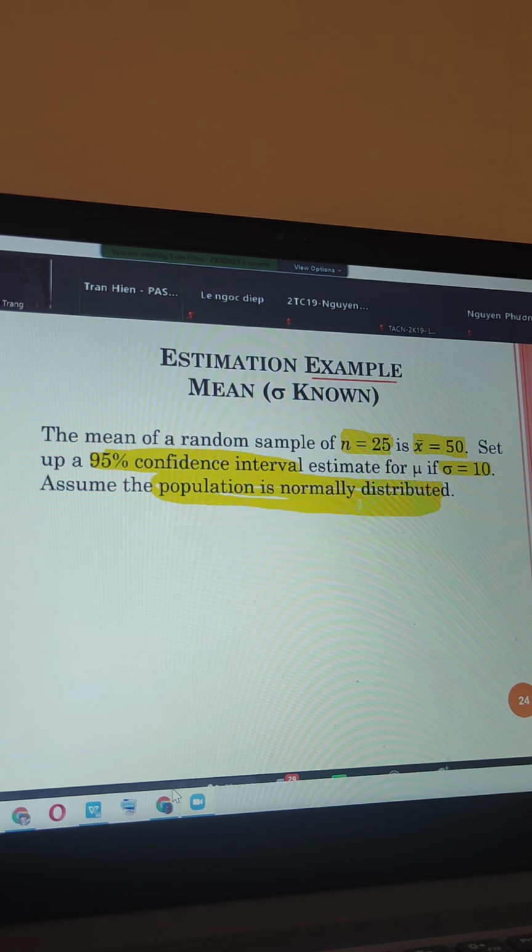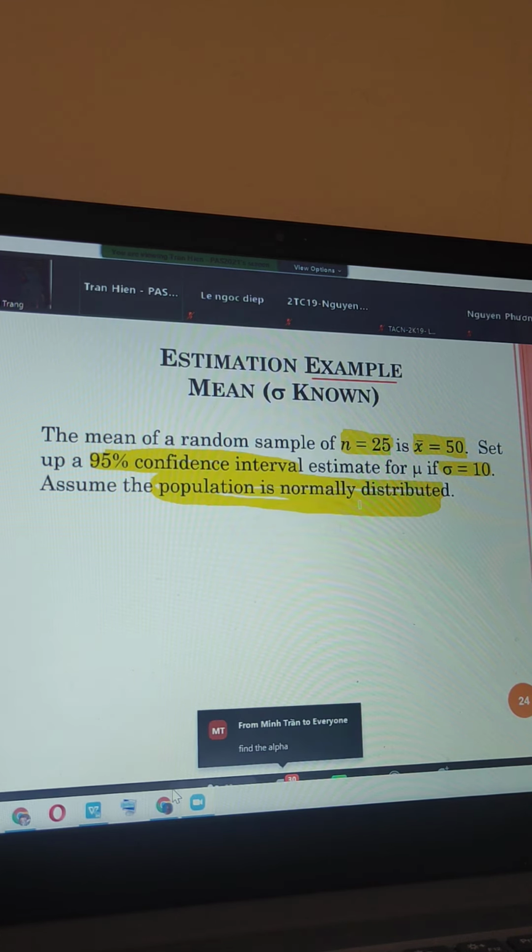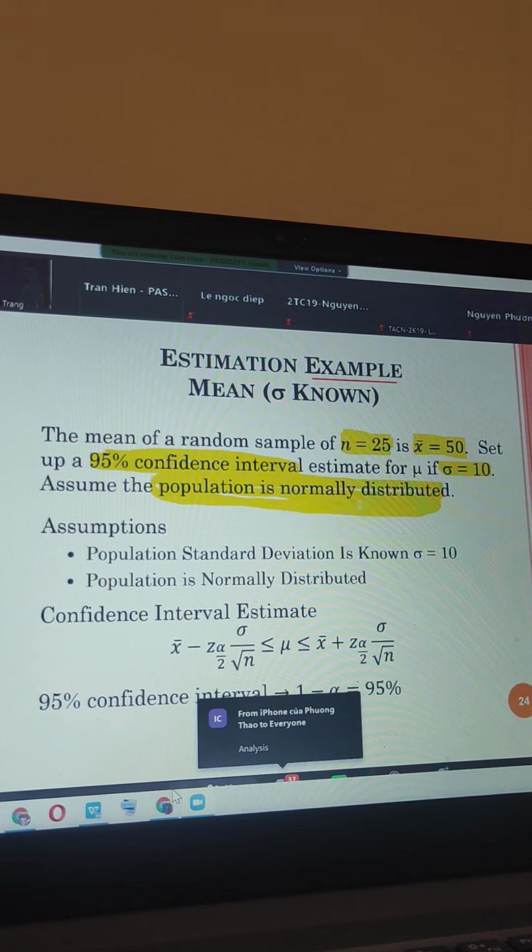Okay, so what do we do in the first step, class? You can look at your slide and give me the answer. No one? For the first step, we have to check the assumption.